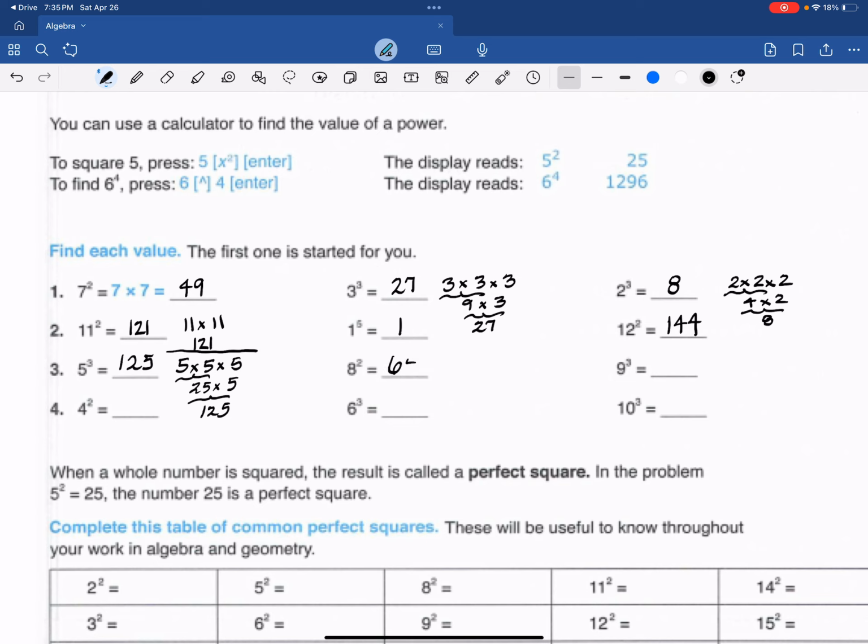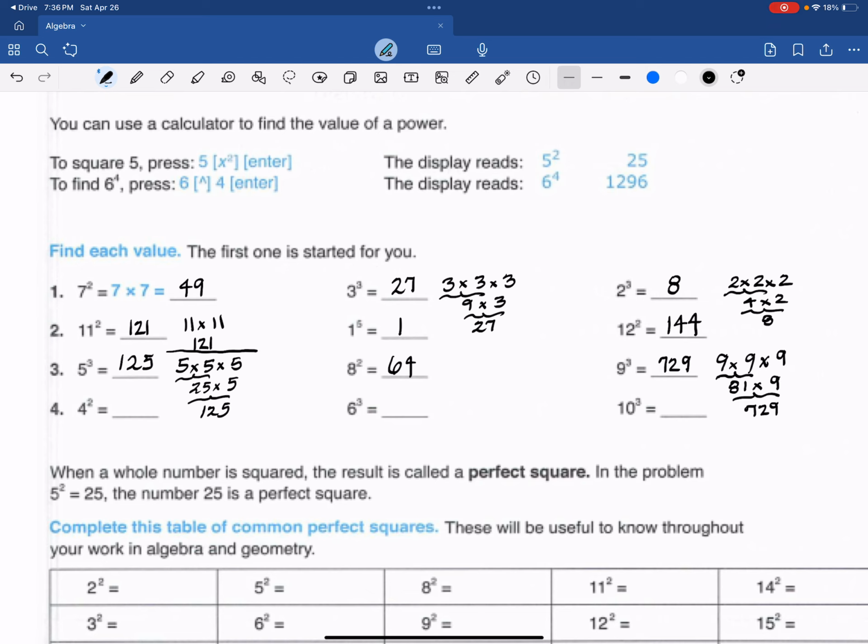8 times 8 is 64. 9 times 9 times 9. I'm having issues with my pen again, not wanting to stay in the holder, so let me get rid of the holder. 9 cubed, that's 81 times 9, and that's 729.